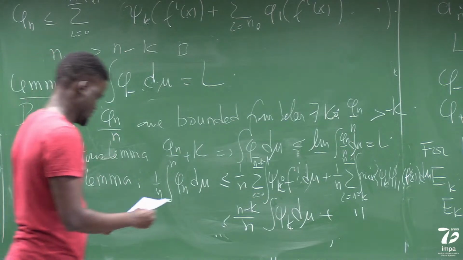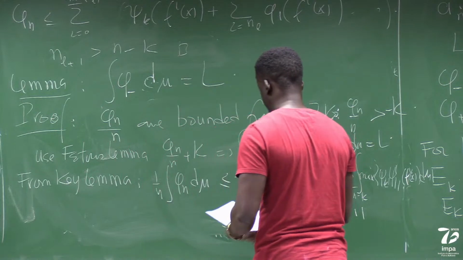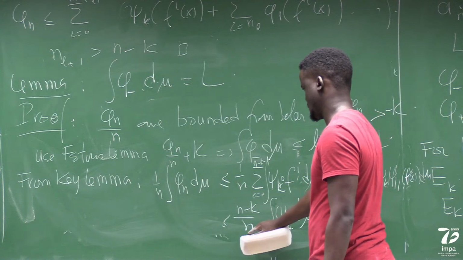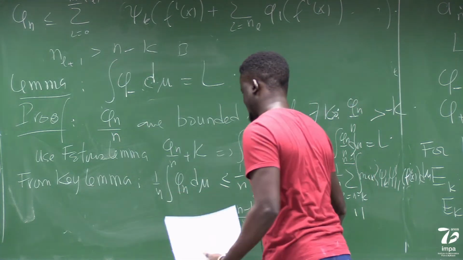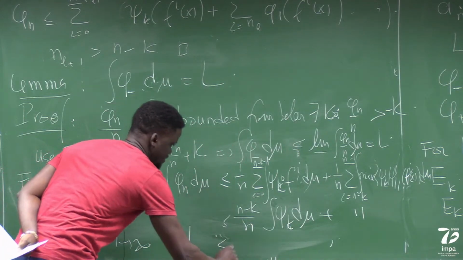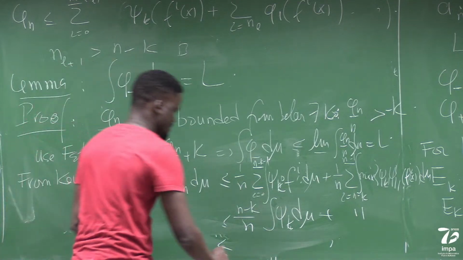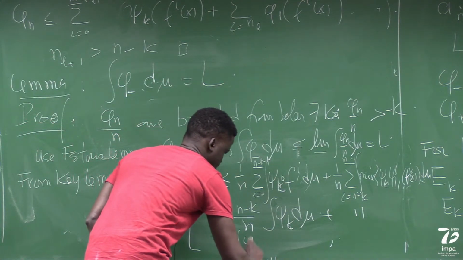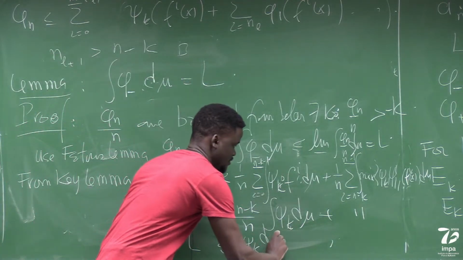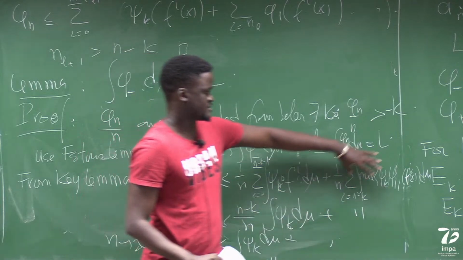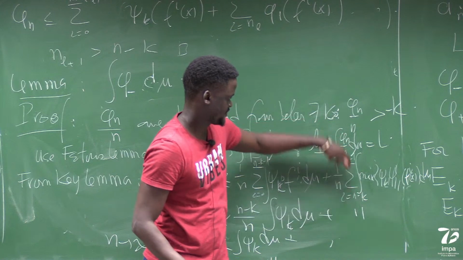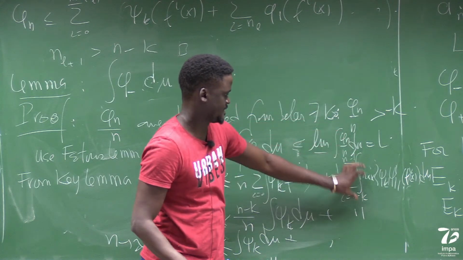Yes. So here you take the limit when n goes to infinity, n first. When n goes to infinity, what you have on the left is L. So L is less than the integral of phi k d mu, because this factor is going to 1, plus this term going to 0, because the step is k.